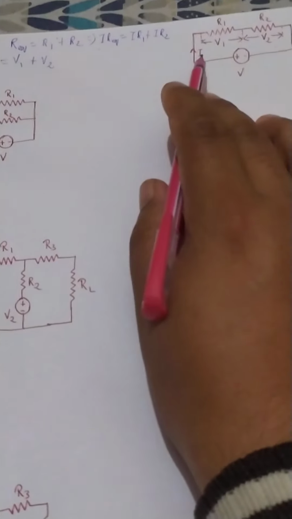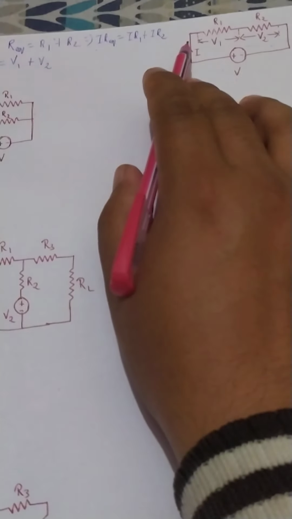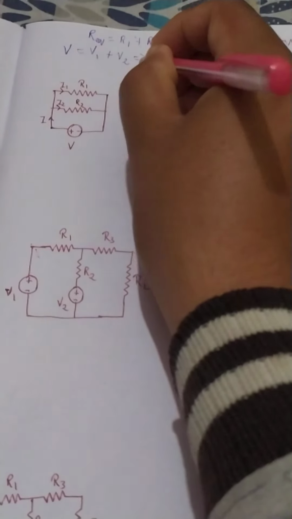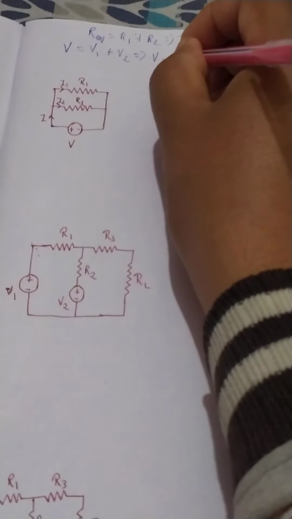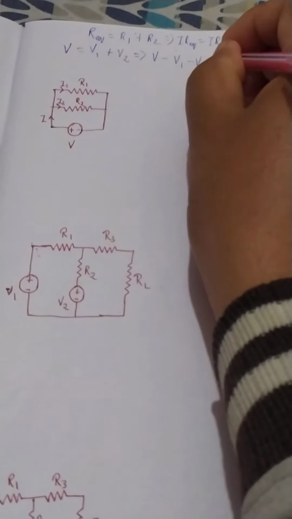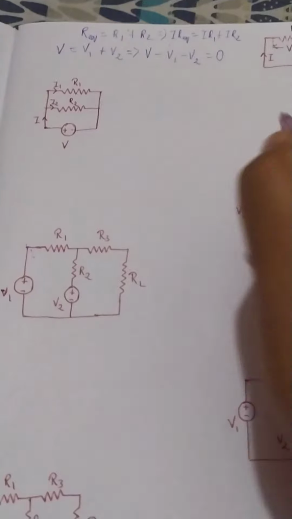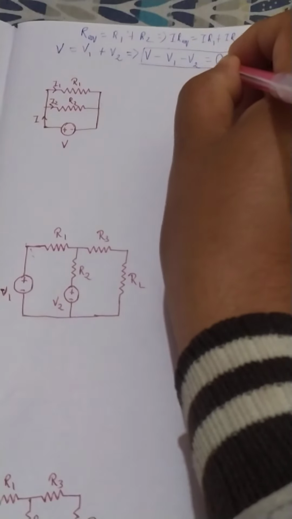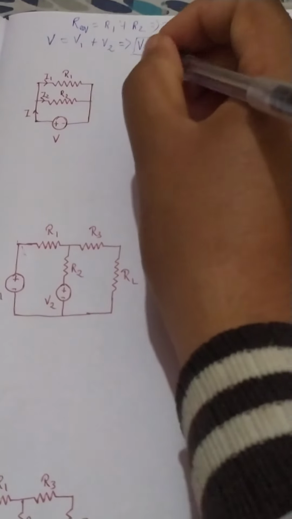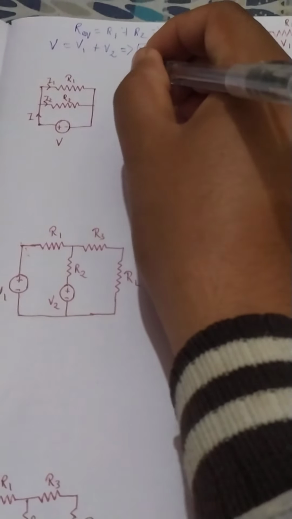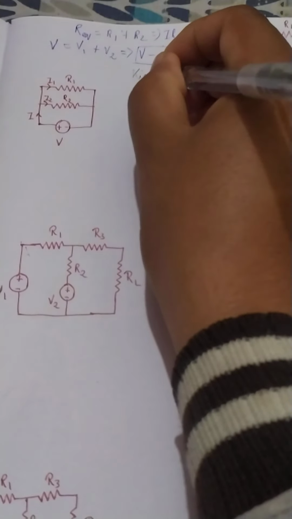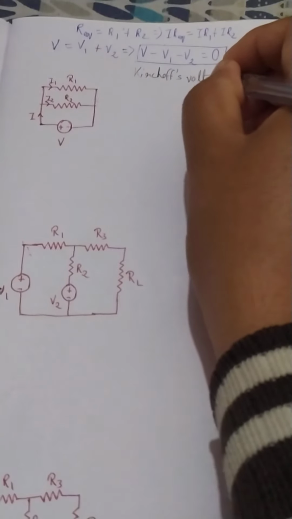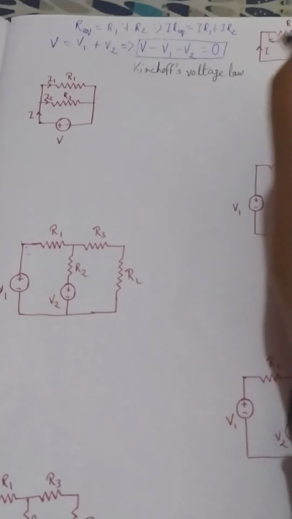So what we could see is that the applied voltage is equal to the sum of the drops. In another way, we could write V minus V1 minus V2 is equal to 0. This expression is justifying Kirchhoff's Voltage Law.